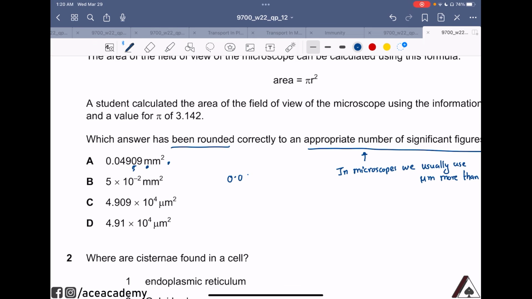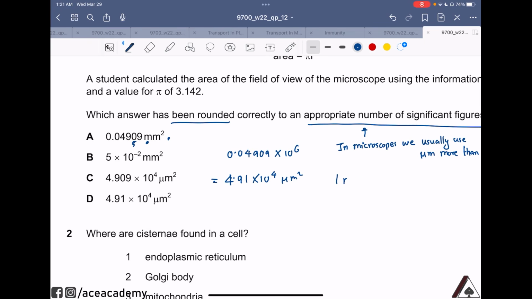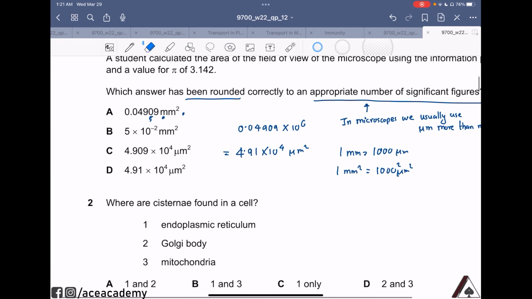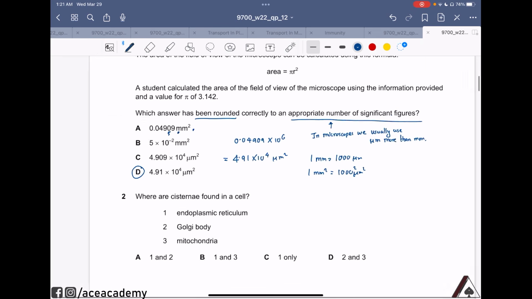Instead, we have to convert this to micrometers. So it's 4.91 times 10 to the power 4 micrometers squared, because 1 millimeter equals 1000 micrometers, so 1 millimeter squared equals 1000 squared micrometers squared. So the overall answer over here is D.